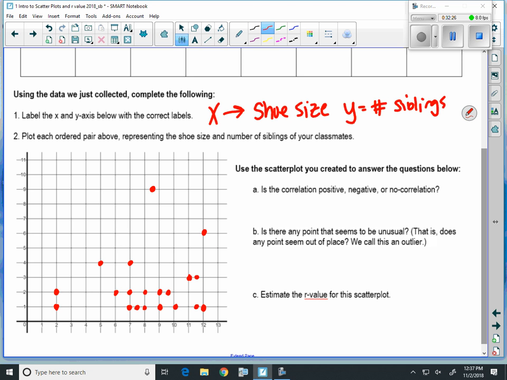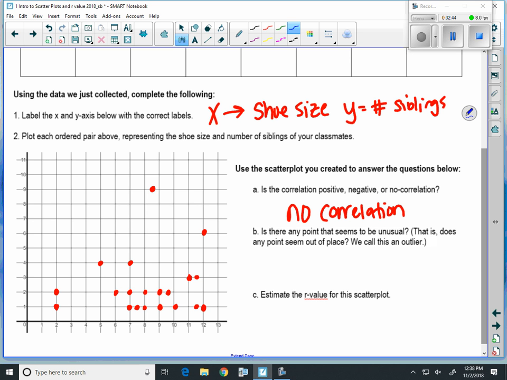No correlation. Okay, now I want you to think about it. Should your shoe size affect how many siblings you have? No. Doesn't make any sense, right? No, it shouldn't. Okay, is there any point that seems to be unusual?